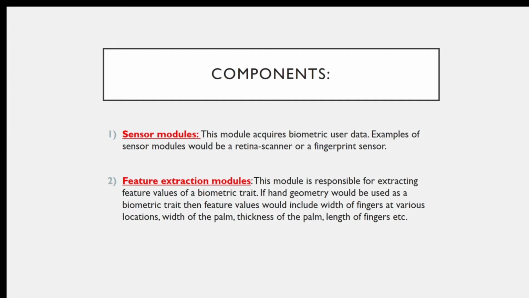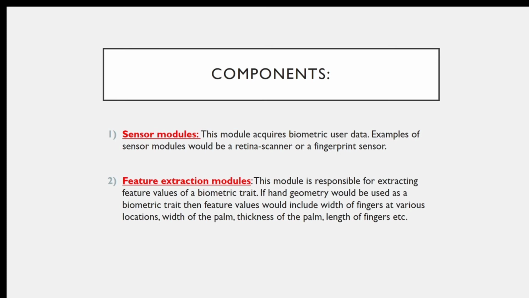Then the feature extraction module. This module is responsible for extracting feature values of a biometric trait. For example, if we are using hand geometry as a biometric trait, it will extract all the features such as the finger width and location, the width of the palm, thickness of the palm, and all those things.